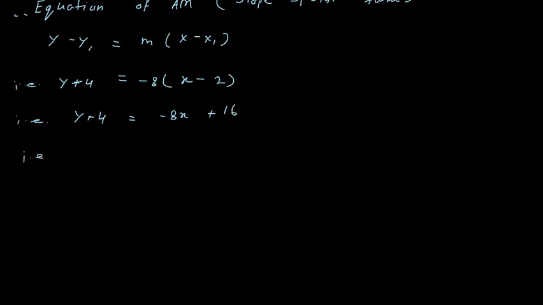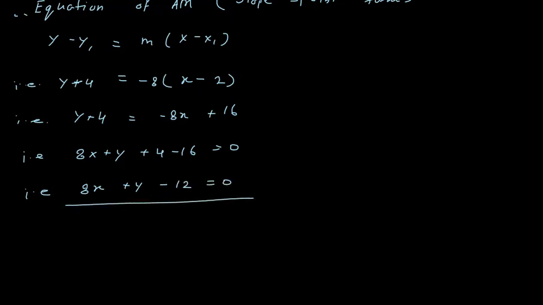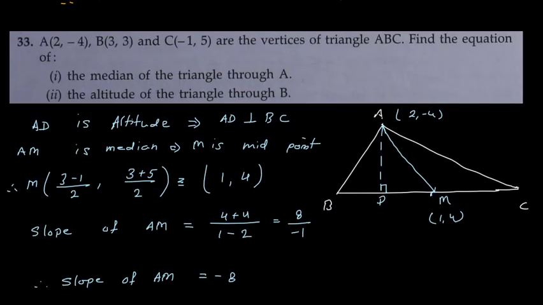So this minus 8x I will bring on left, 8x plus y plus 4 minus 16 is 0. That is 8x plus y minus 12 is equals to 0. So this is for AM.